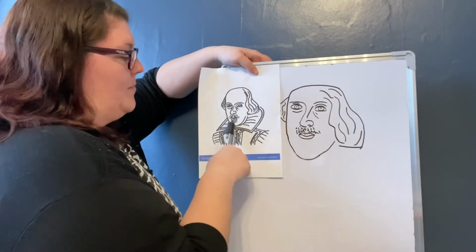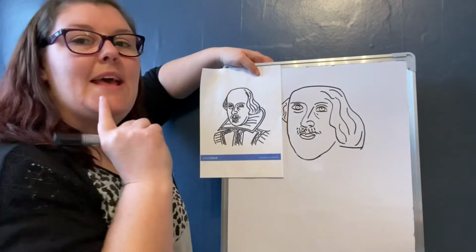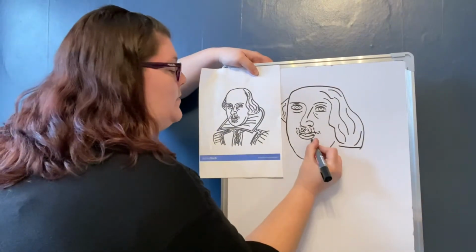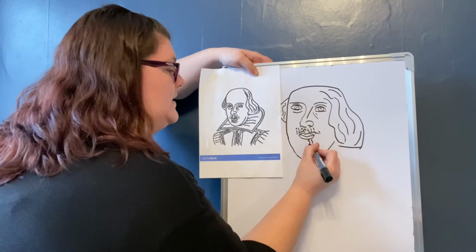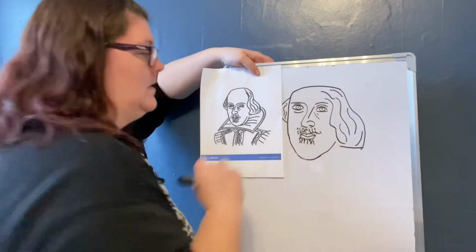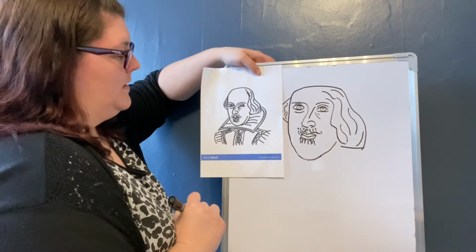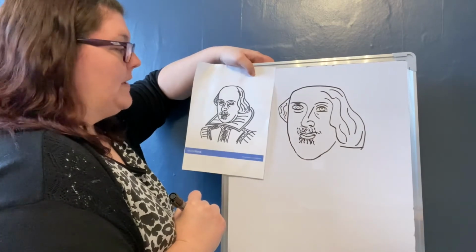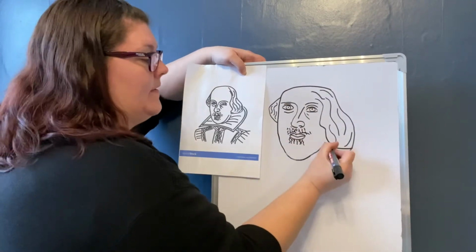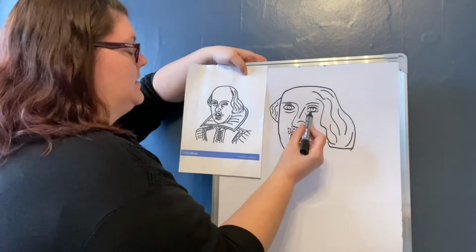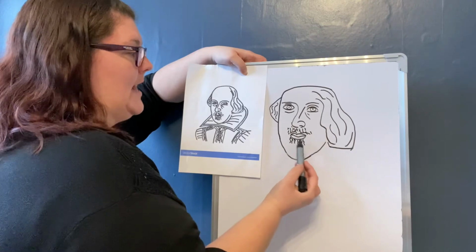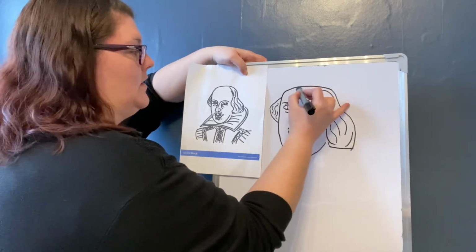And now he's got a beard, and I can see that under his lip he's got lots of wiggly strands of hair. So I'm going to do one here. There's a wiggle, there's a wiggle. See if you can do that underneath his lip. What do you think? So we've done now his whole head. We've got his hair, and we've got two eyes, we've got a nose, lips, a moustache and a beard, and he's got his hair on this side as well.